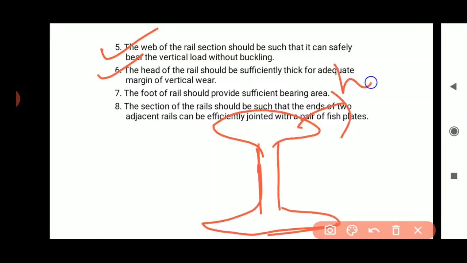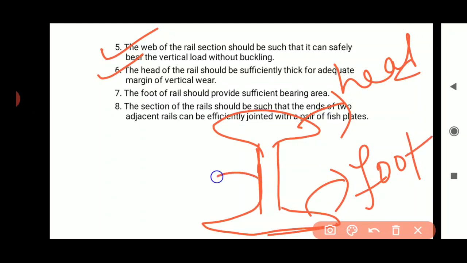This is the head of the rail section, this is the foot, and this is the web. So this head must be sufficiently deep, that means sufficiently thick, to allow for an adequate margin of vertical wear.